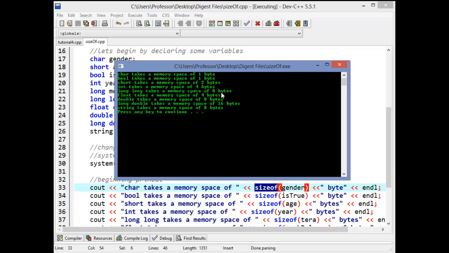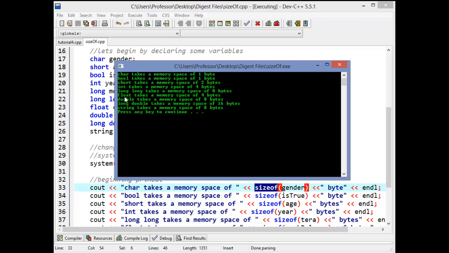Go and check on the range of values that all these data types operate on. Then I will explain what I wanted to say probably in my next video tutorial.